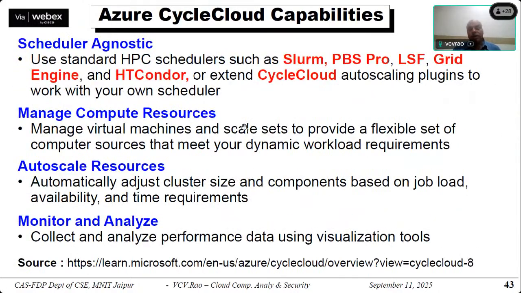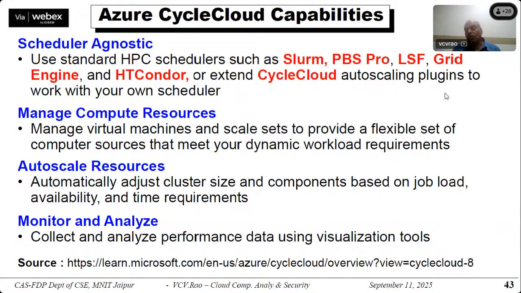Now let us see Azure CycleCloud. What has been happening in the last 5 years in load scheduling and job management software? There are many schedulers. One is Slurm, which is the most popular, and PBS Pro and HTCondor.